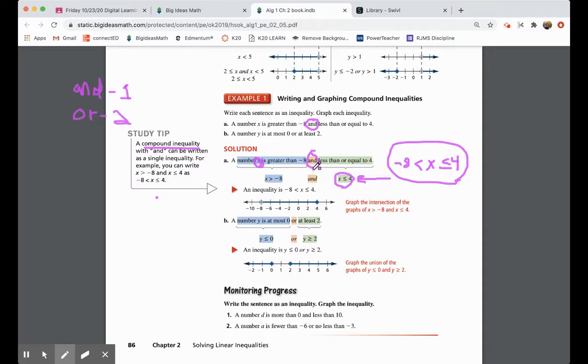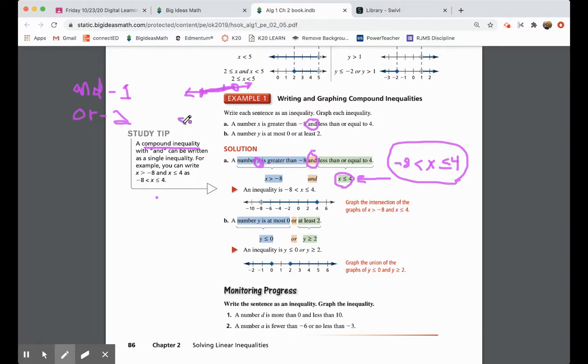When we have the word "and," it's going to be one line between your two numbers. I'm going to go ahead and jump to B. When you have the word "or," they will go opposite of each other. So "and," they come together, they're combined, or they go opposite directions. You might come back up here to your notes and add that, and maybe just draw a little line on a graph, showing that they go towards each other.